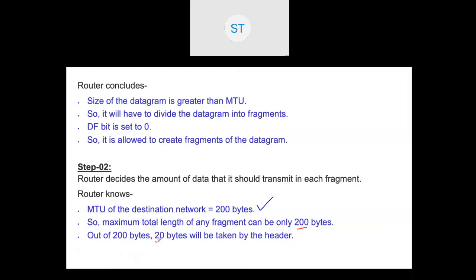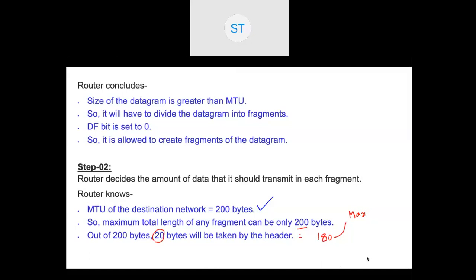Out of that, 20 bytes will be the header, so remaining is 180. Now you need to find the maximum data that can be accommodated in this network which is divisible by 8, so that we can put the offset value.